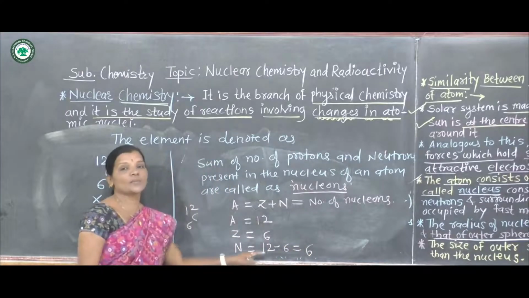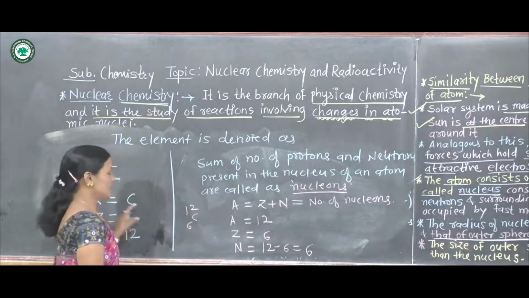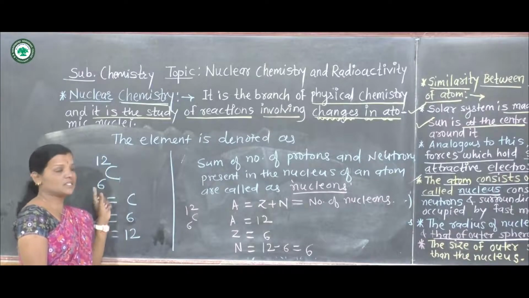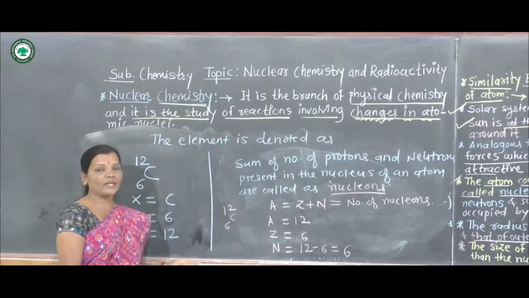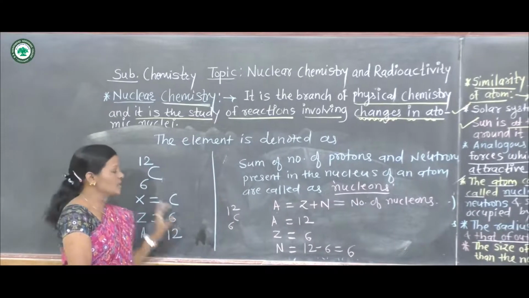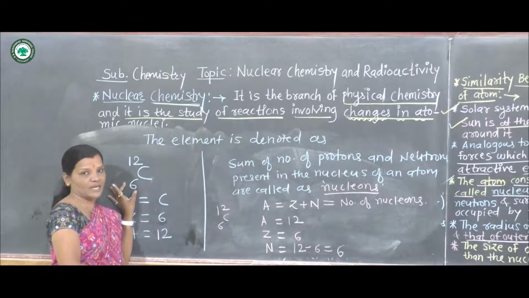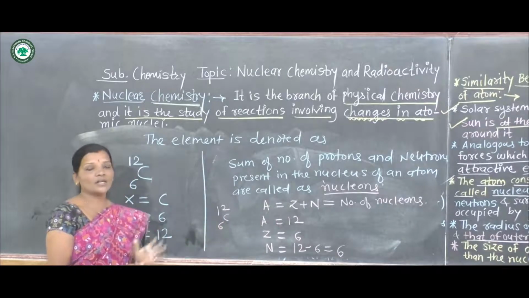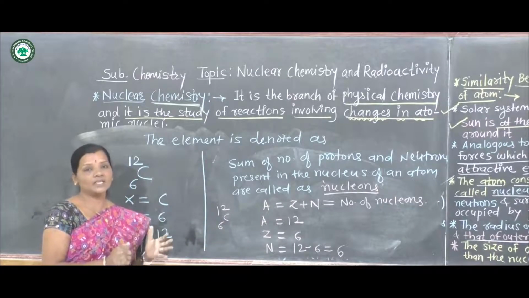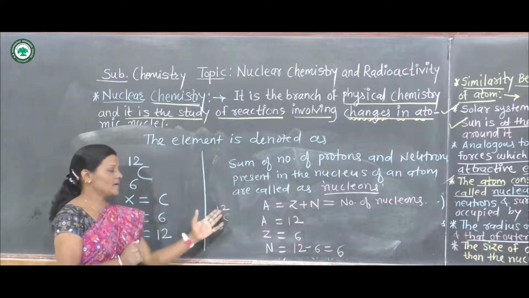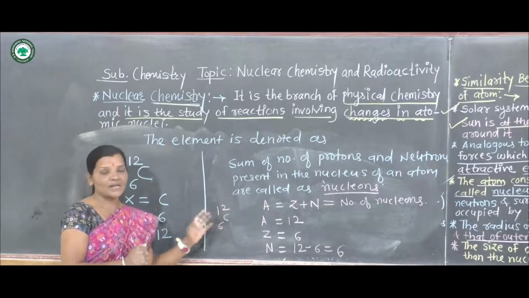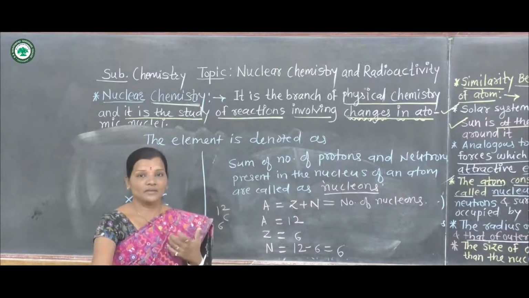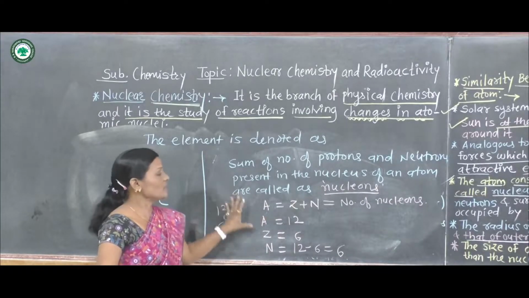That indicates the number of neutrons present in carbon. How many protons are present? 6 protons. 6 neutrons are present, and the atomic mass of carbon, denoted by capital A, is 12. In this way the element is represented in symbolic form.